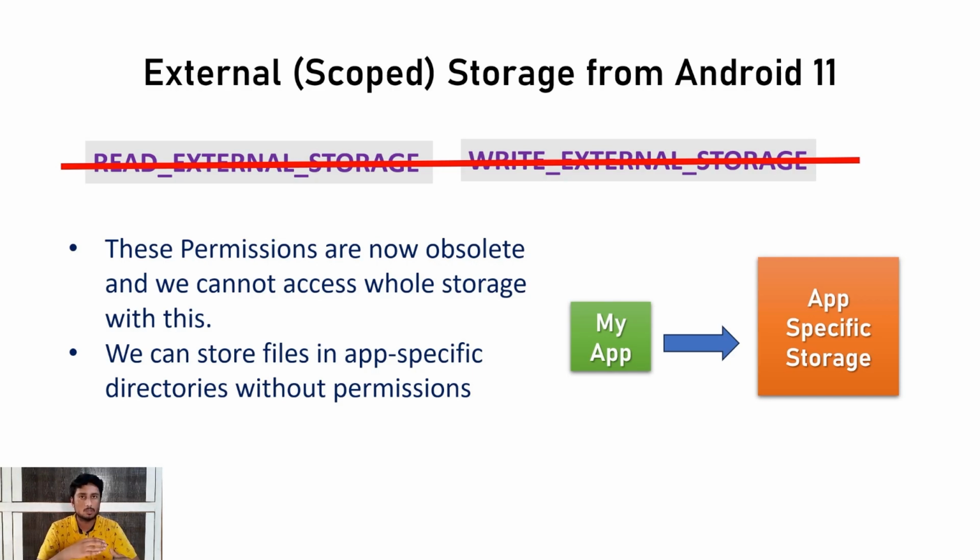This is both a shared storage and an external storage, and we don't need to ask the user for any permission for this. That is part of the scope storage concept. Now these read and write external storage permissions are obsolete and no longer needed. If we want to save any data in our app-specific directory, we can directly save it without asking the user for runtime permission.